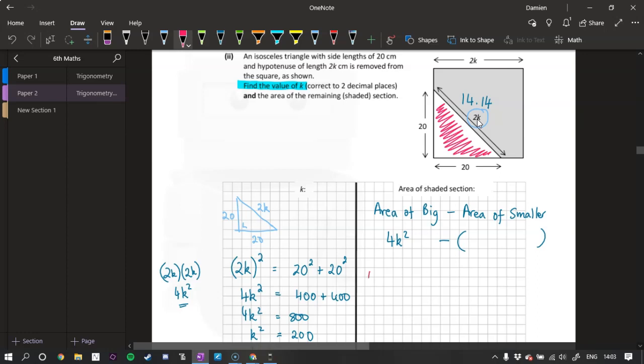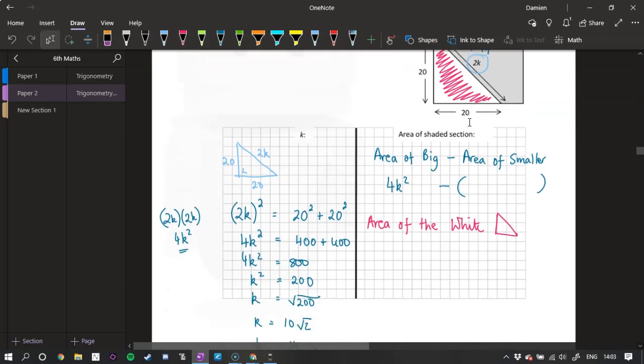So to find the area of the white triangle, what do we need? Well, area for these triangles is actually quite easy. It's half the base by the perpendicular height. So let's have a look at that.